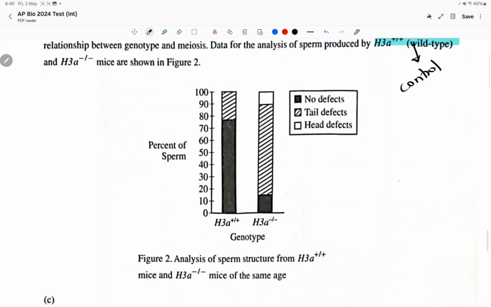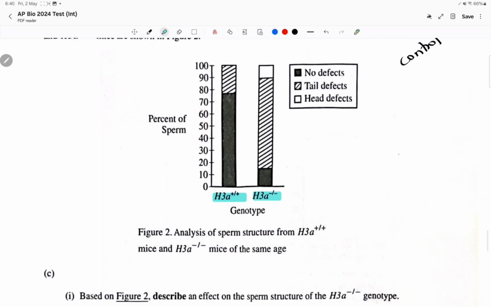Who here has less defect? The plus plus. Yes. The plus plus, the majority of the sperm has no defect. But the majority of the sperm in the case of H3A minus minus has tail defects or head defects.